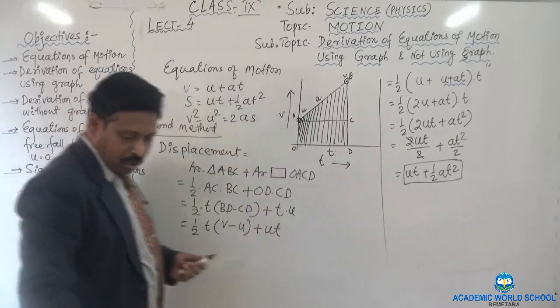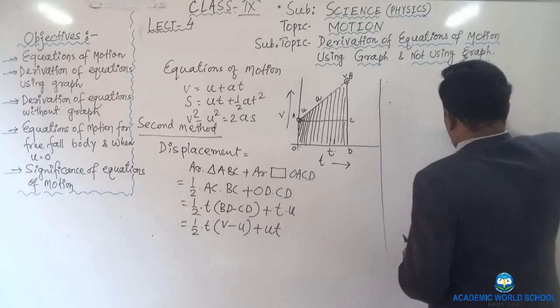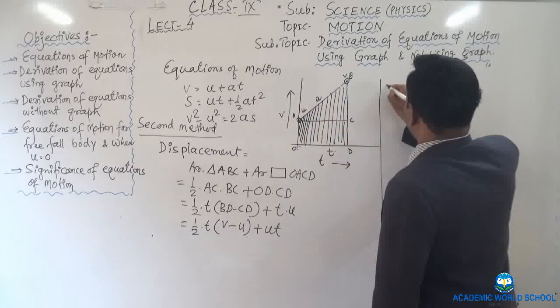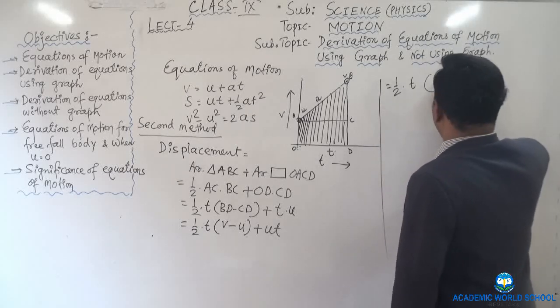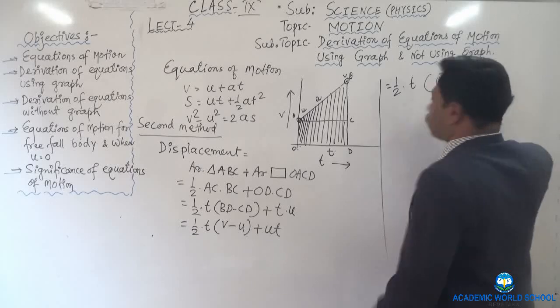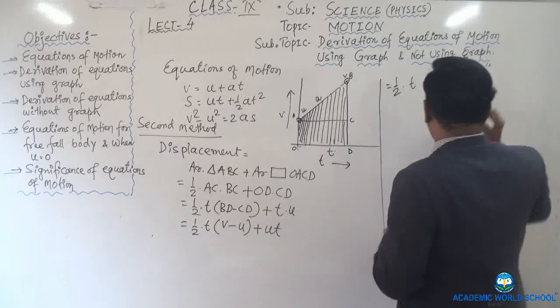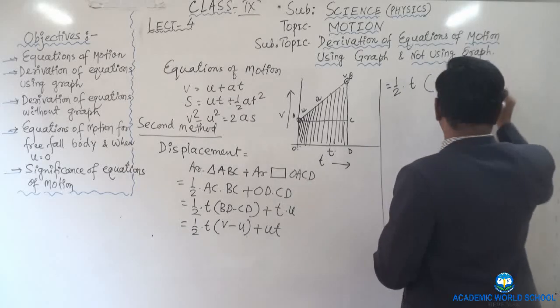Okay. Next you see, go on, proceed. Let me do it. Half into T, V equal to U plus AT according to the first equation of the motion, and minus U, plus UT.